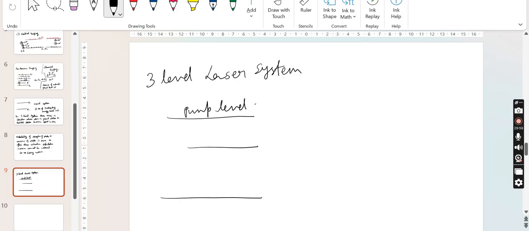So this calculation has been mentioned in the book named Lasers, by Ajoy Ghatak and Thyagarajan.